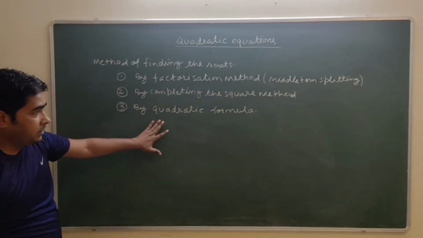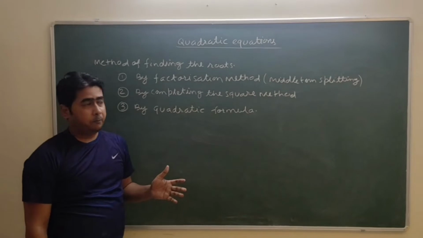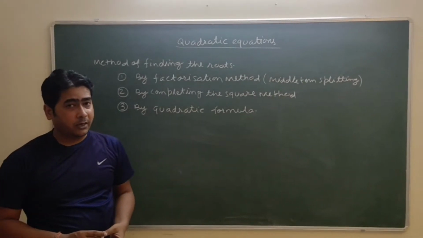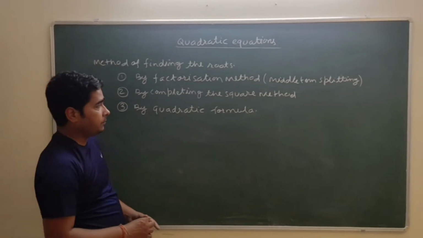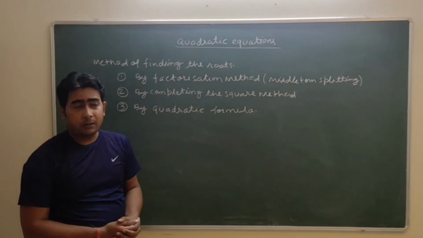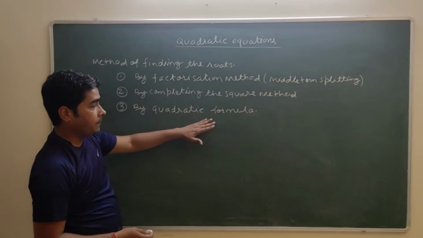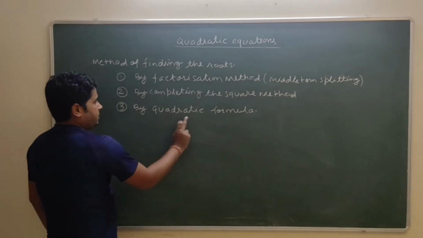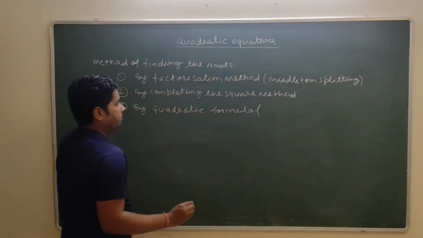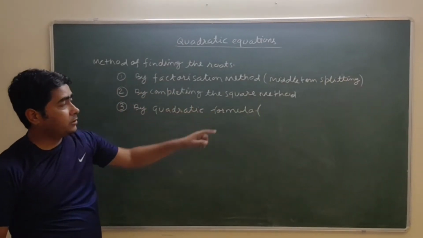Now this third method was actually invented by a great mathematician, Sridharacharya. He was from India. So it's a big honor to all of us that our mathematician invented this formula which we are using. This quadratic formula is actually derived by using the completing the square method.